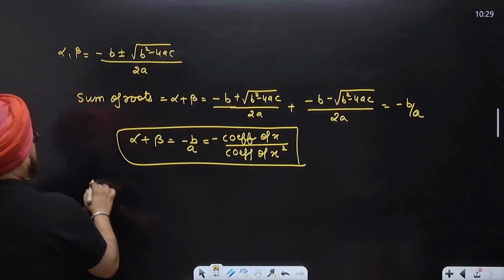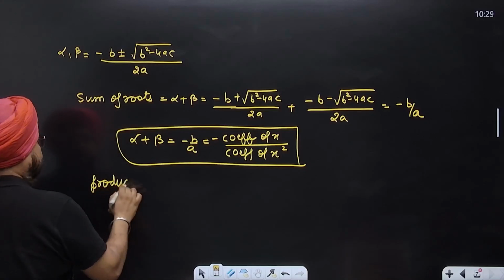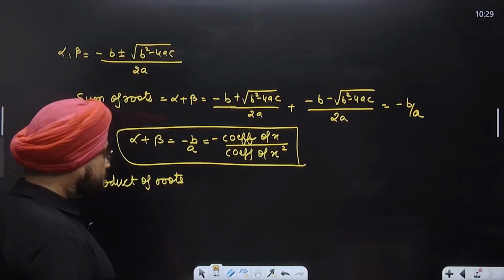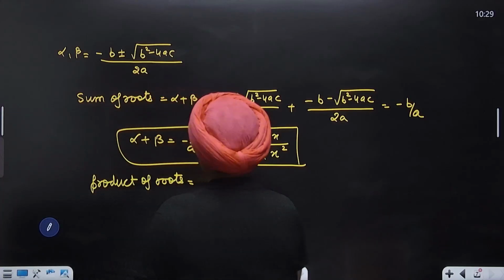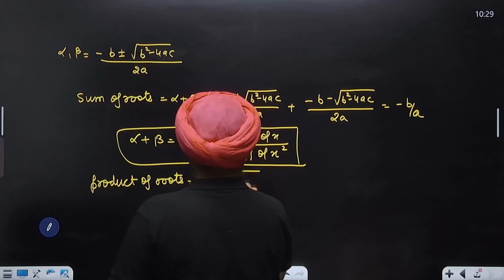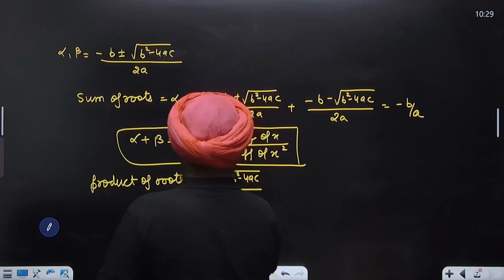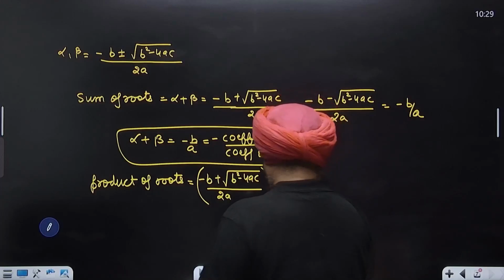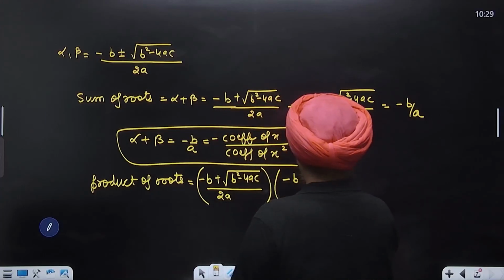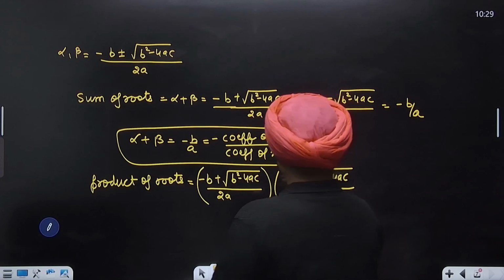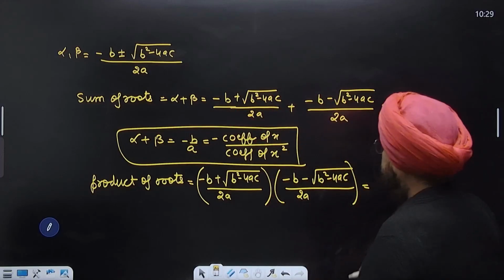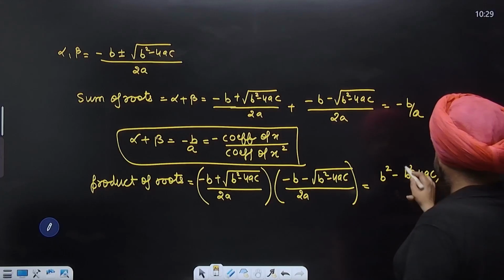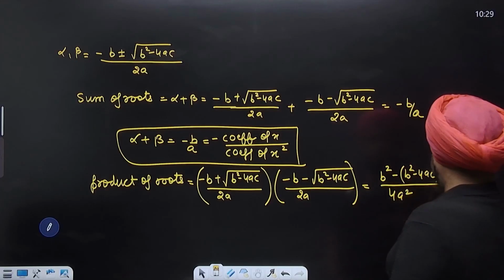Similarly, we will find the product of roots. So this will become b square minus the discriminant upon 4a square, which gives c by a.